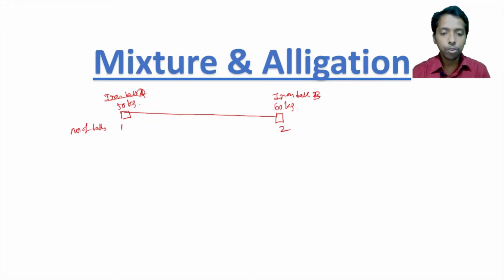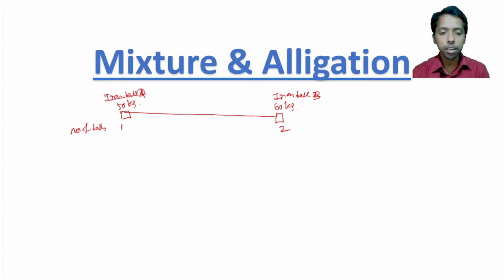Now we have to tell that after mixing both the balls, not logically possible, but if we mix these 50 kg balls and 60 kg balls together, what is the average weight at the final? You can understand it as melting all these balls to form a new ball. The number of balls may become different, but the total weight, in which direction it would be inclined, that is to be understood.